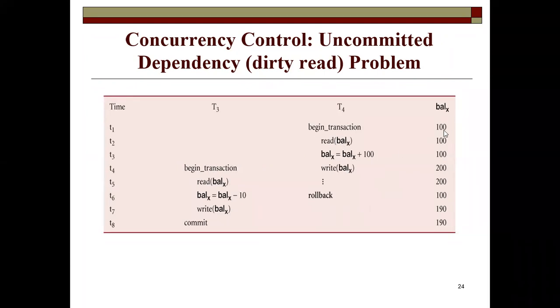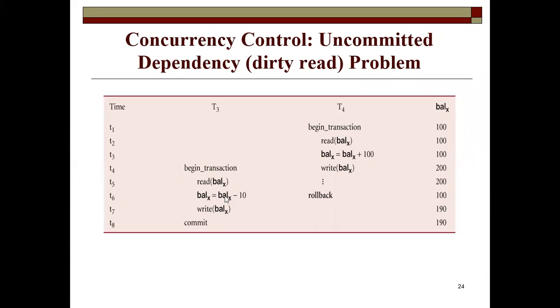Initially, X still has 100. At T1, we begin T4. At T2, we read the balance. No updates have been done. At T3, we make an update, and we make sure that at T4, when transaction T3 is beginning, we make that update such that at T5, T3 is reading the updated value.